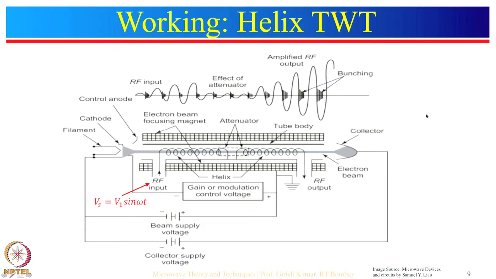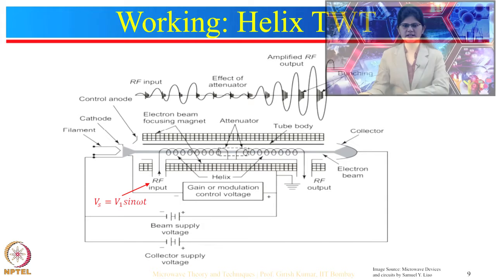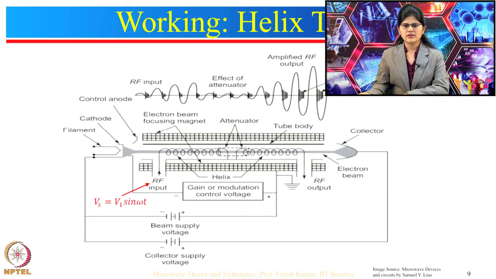One more thing, during the interaction of electron beam and the RF signal, we have not talked about the velocities of these two. The velocities are made comparable by the helical structure present in the helix travelling wave tube. As we discussed earlier, this helical structure reduces the phase velocity of the electromagnetic wave, and because of that electron beam and electromagnetic wave get enough time to interact with each other.